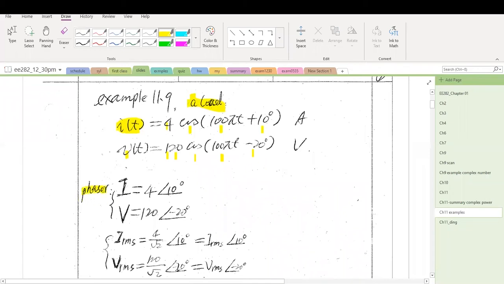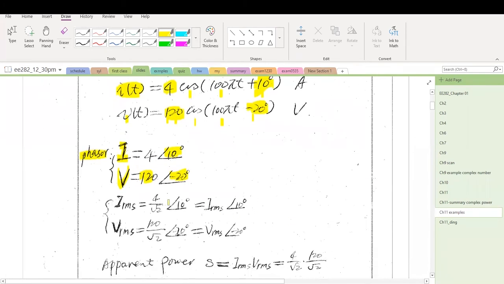Now let's look at the phasors. This is a handwritten capital I as 4 at 10 degrees, that's the phasor, and V has magnitude 120 and angle minus 20 degrees. For the phasors of RMS values, we take the magnitude divided by square root 2.